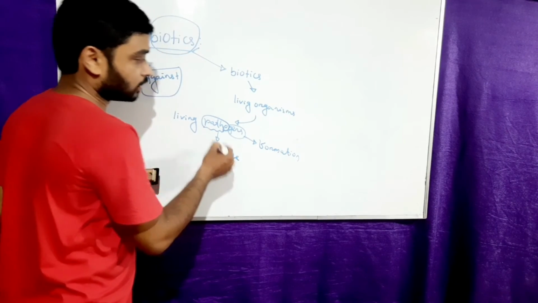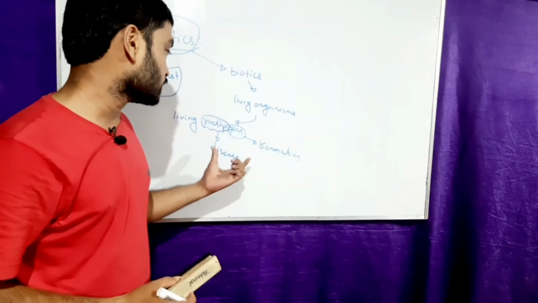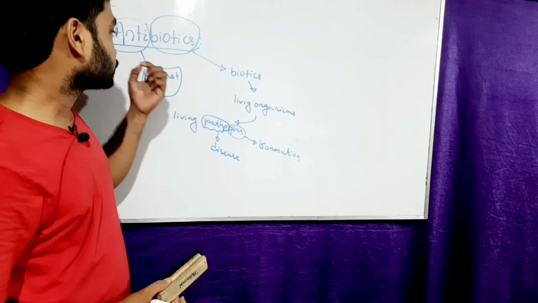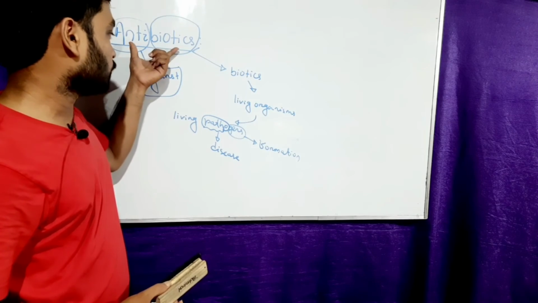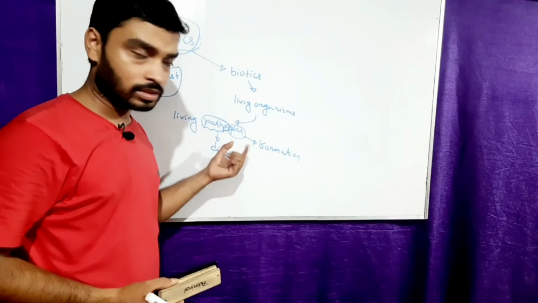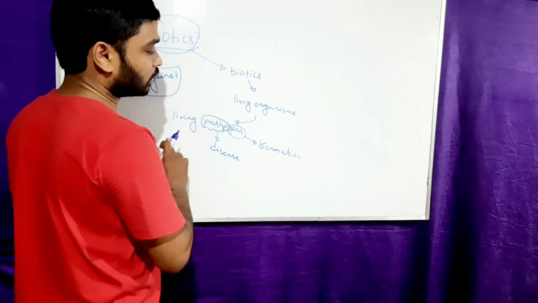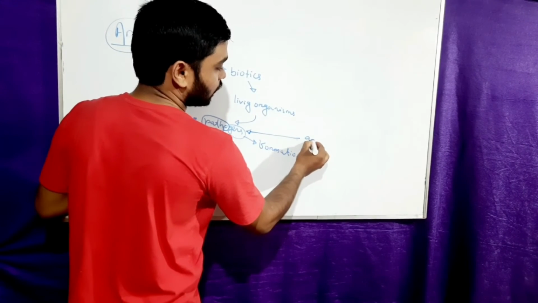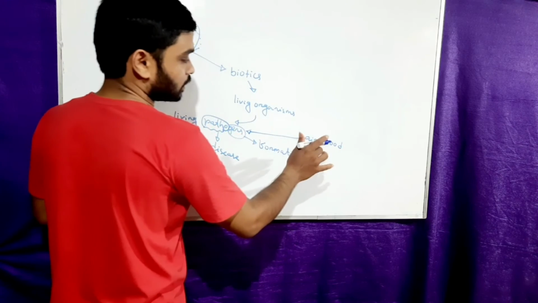So any agent or any living organism which has the tendency to develop disease inside the living organism's body is called a pathogen, and we use antibiotics against these pathogens. Pathogens can be air, food, or any microorganism.